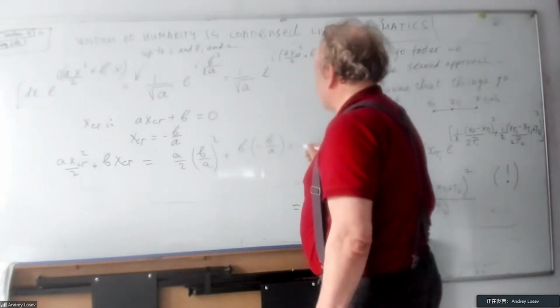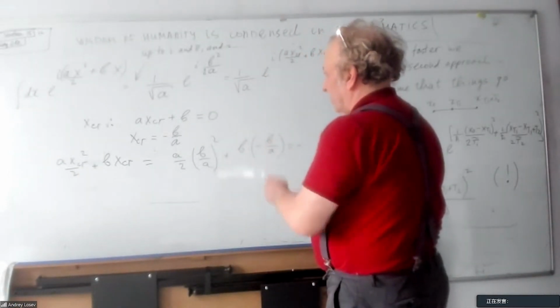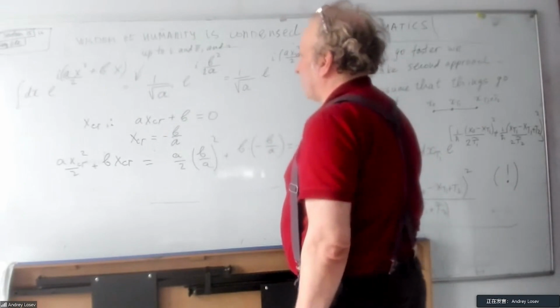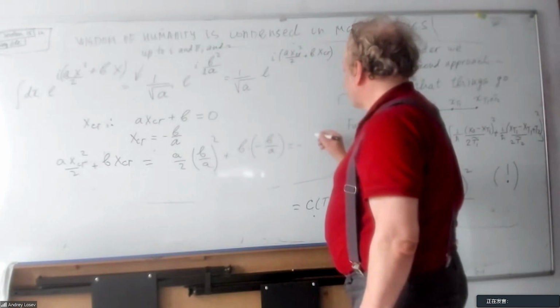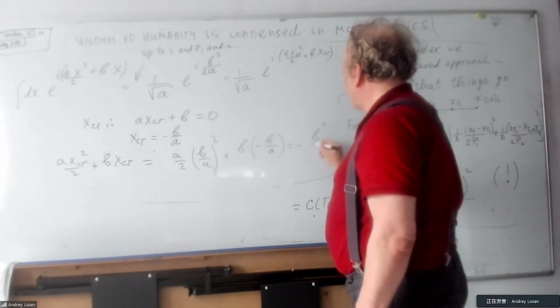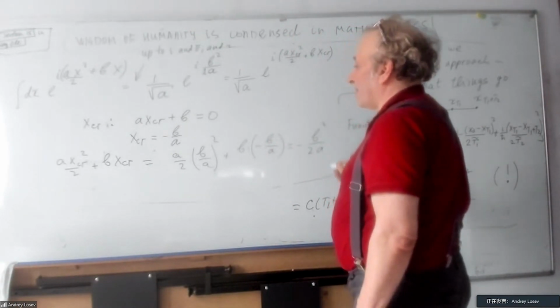And this is minus. Here I have an important minus. B squared over 2a.